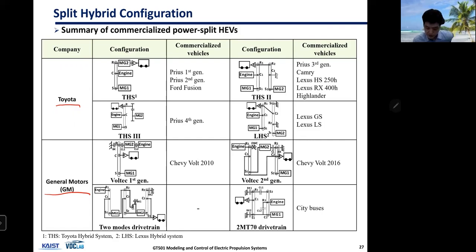Toyota hybrid is using a different architecture depending on the application, whether it's an SUV, high performance vehicle, or light duty, light passenger vehicle. And then GM is also using another type of split hybrid, Volt, and then there's two-mode, and so forth.